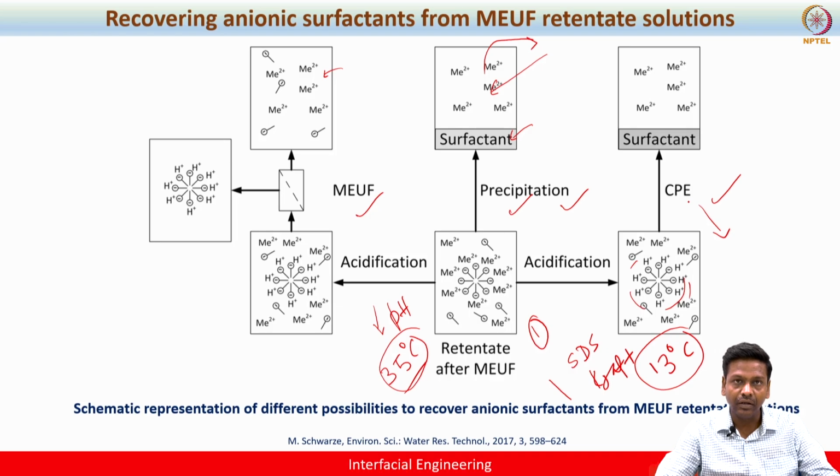Then, by operating the temperature such that you are above the cloud point, the surfactant will phase separate from the true solution, and what we will have in the solution will be just the free cationic ions, right?